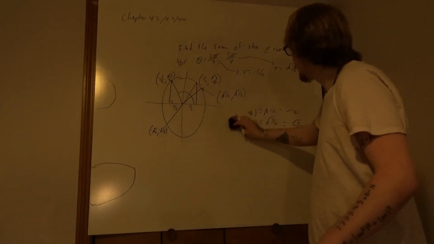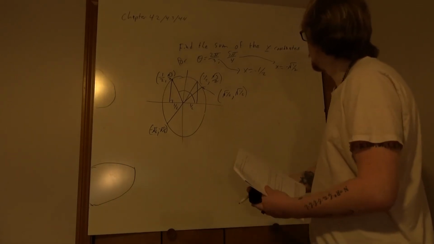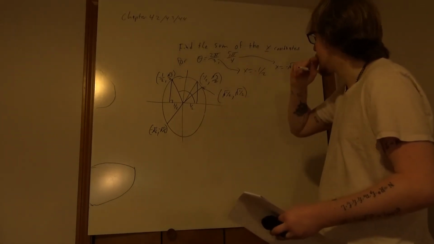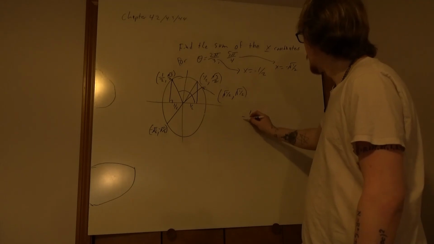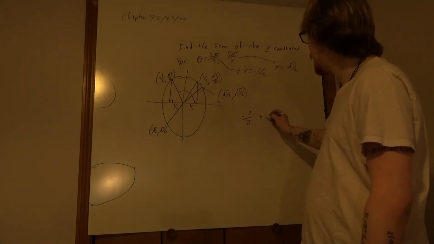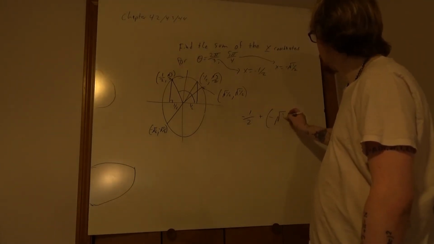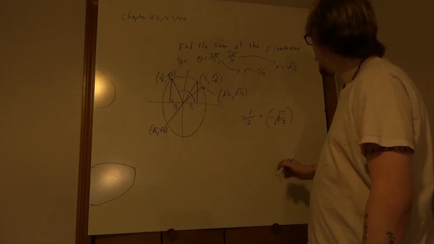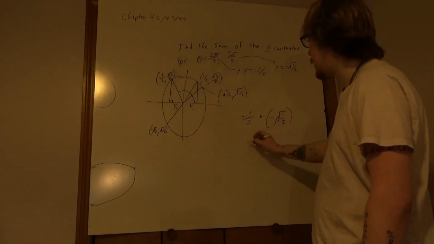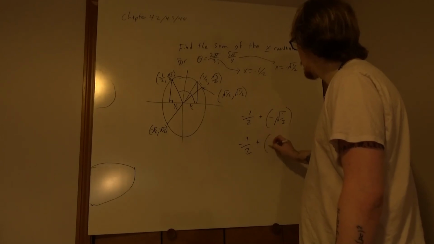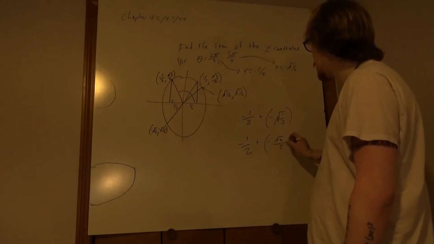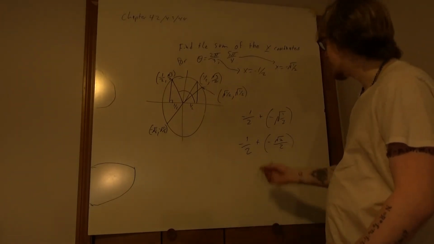So, when we go to have this sum, which the question is asking for, we have to do negative 1/2 plus negative root 1/2, but I know this is just going to be the same as negative root 2 over 2. Now, this is going to be really easy.